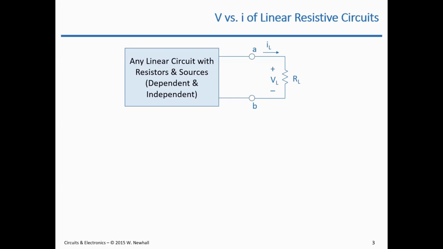So that's what Thevenin equivalent circuits is all about. It's determining a really simple equivalent of just about any circuit that can be modeled with resistors and sources, like an audio amplifier or a satellite antenna, and it lets you represent that with a simple model.